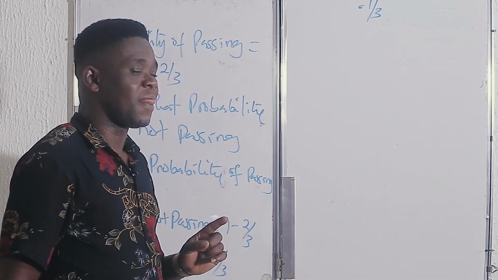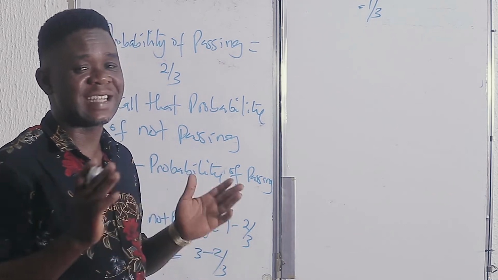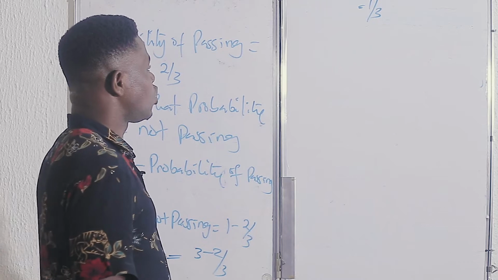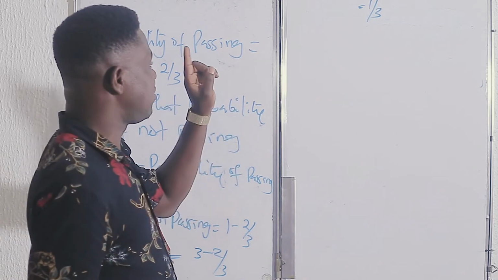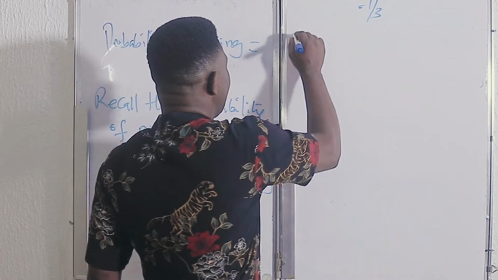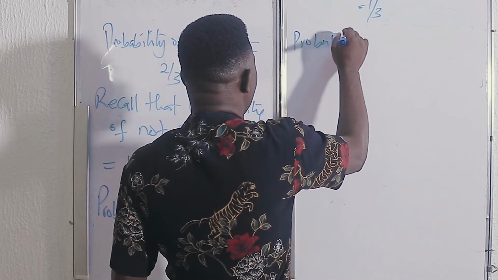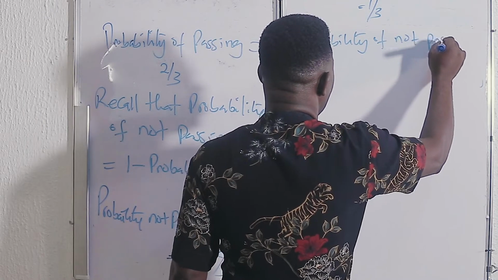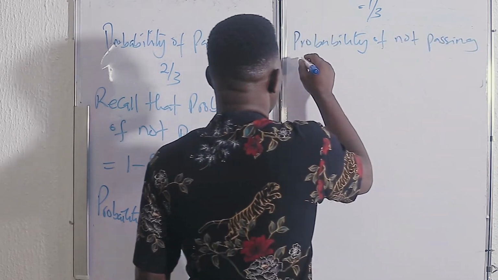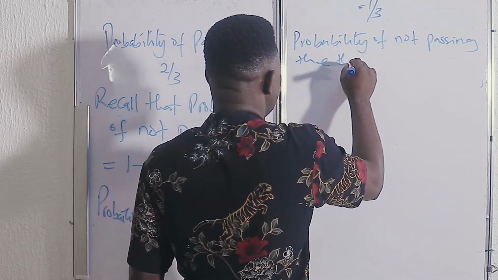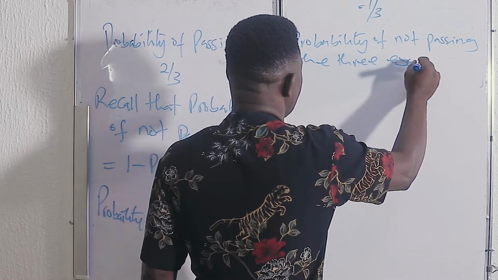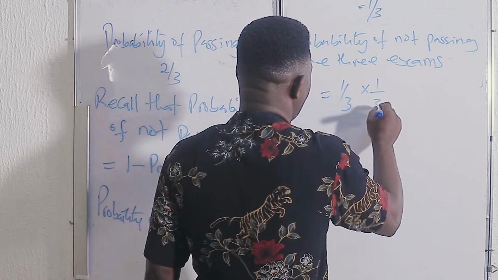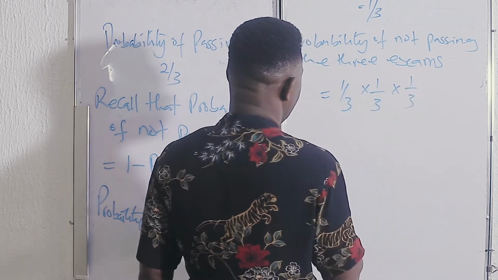But remember, we were told that the person sat for 3 exams. So the probability of not passing one of the exams is 1 all over 3. Probability of not passing the 3 exams is 1 all over 3 times 1 all over 3 times 1 all over 3.